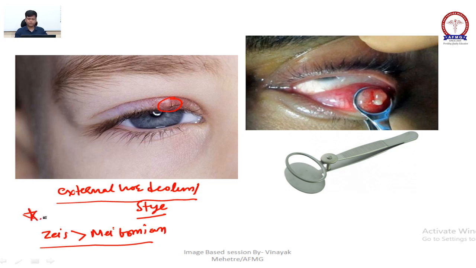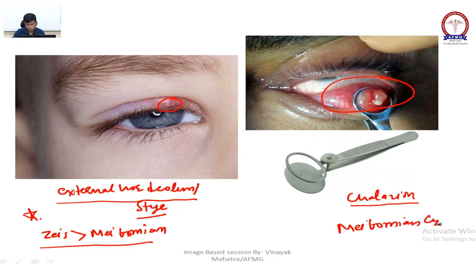Now, this is your chalazion. It is a tarsal or meibomian cyst, and this instrument is your chalazion clamp.